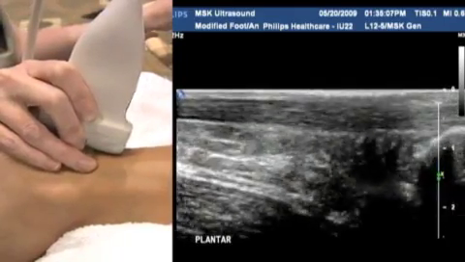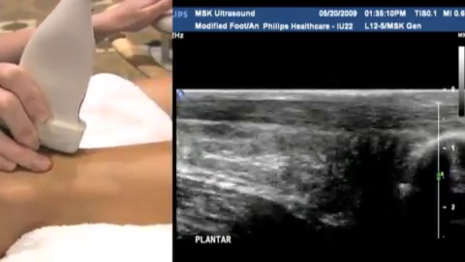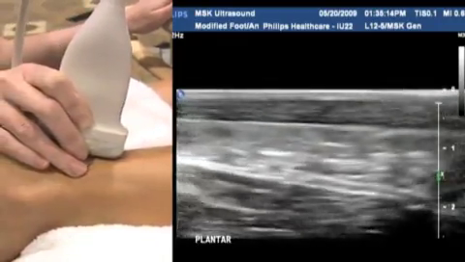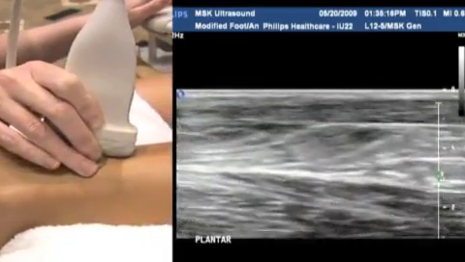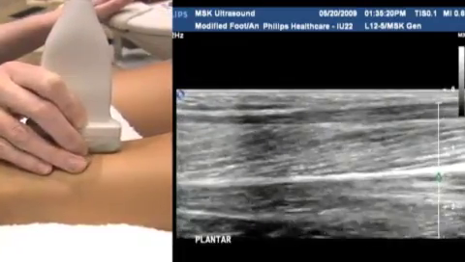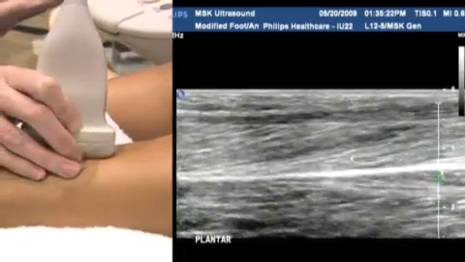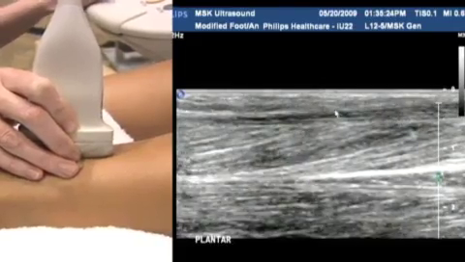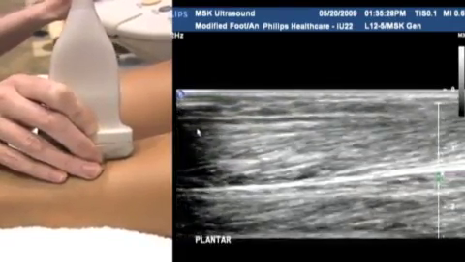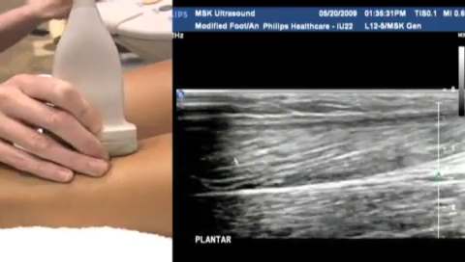And again, similar to plantar fascia, make sure that you scan all the way medially to laterally, covering the entire aspect of the tendon, and follow it all the way up into its muscular insertion more proximally in the calf. So again, you can see as we stretch more proximally, the Achilles is going to bow down and start to get a little deeper and start to blend into its muscle here.